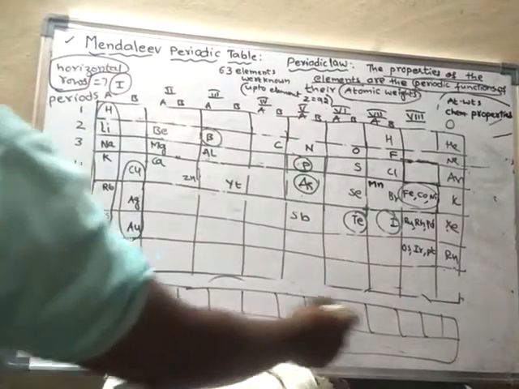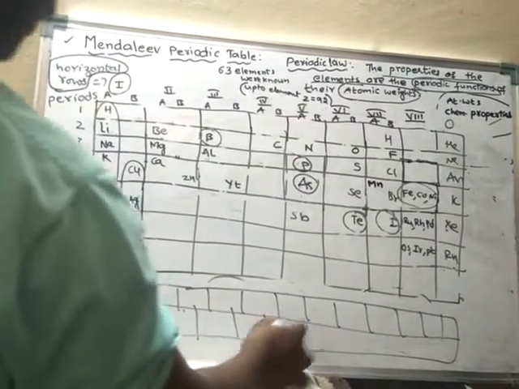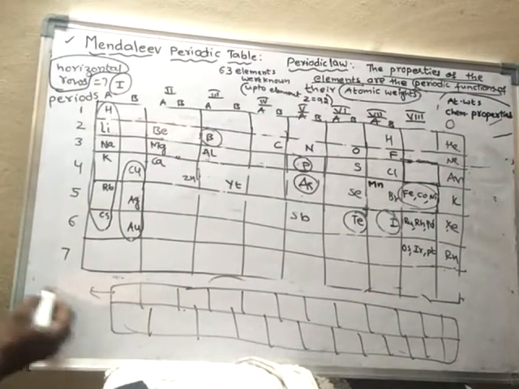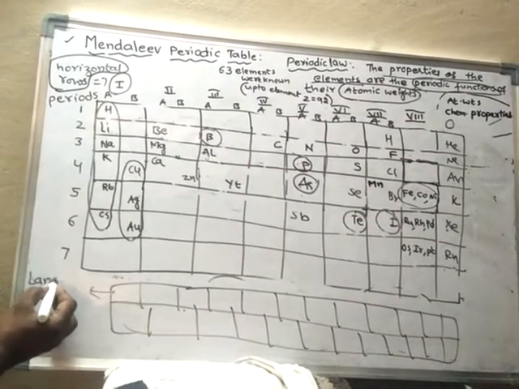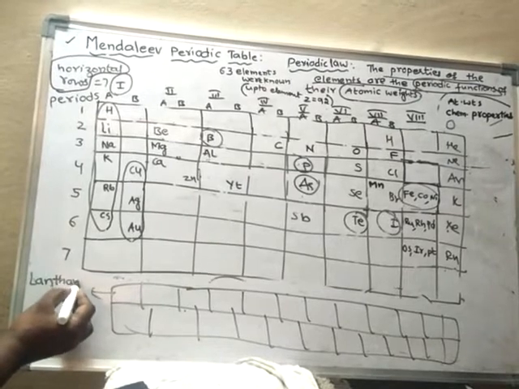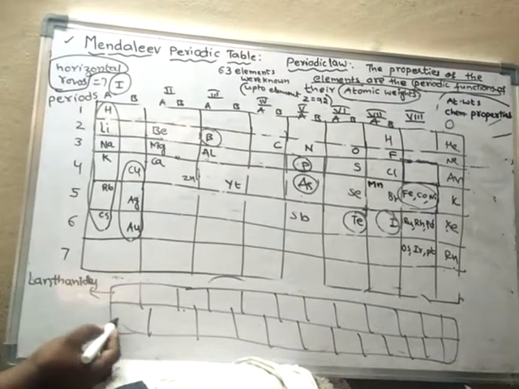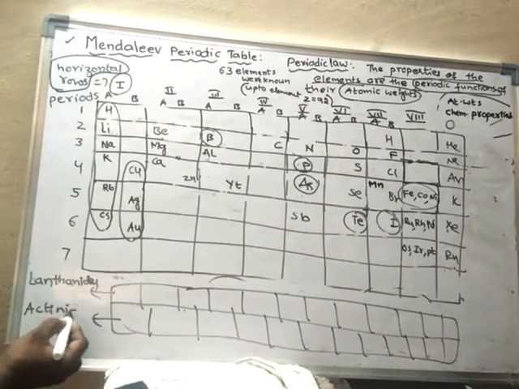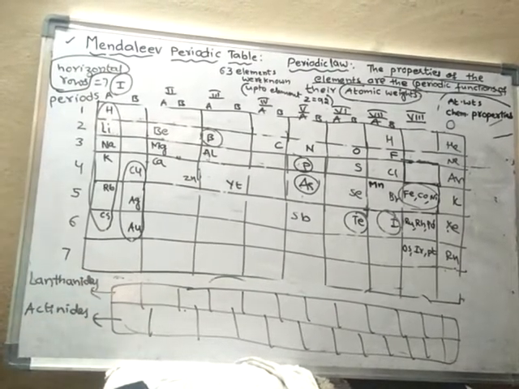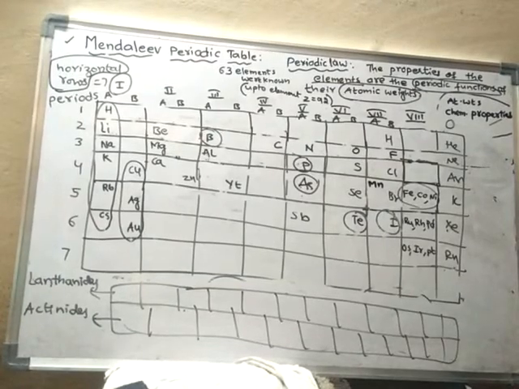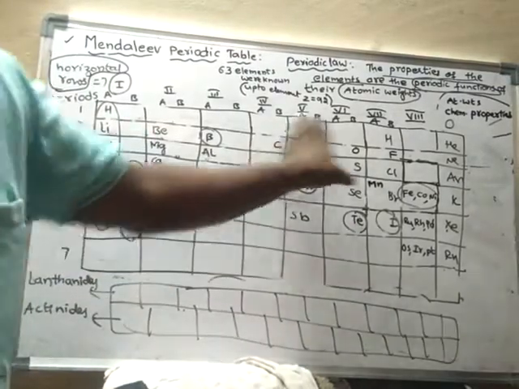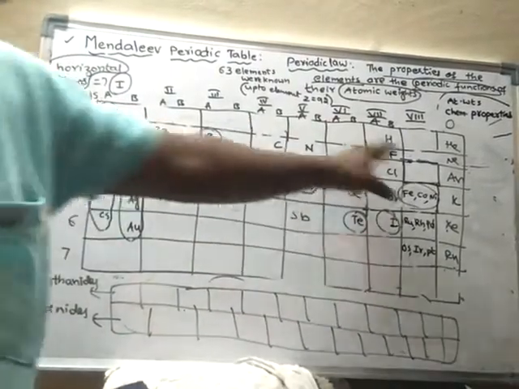So there are 14 elements in the first row and 14 elements in the second row. The first row of elements is called lanthanides, and the second row is called actinides.